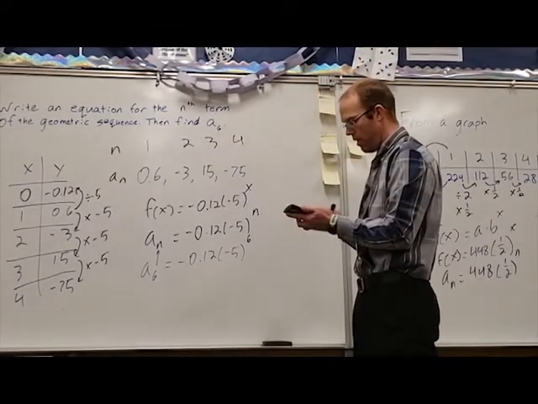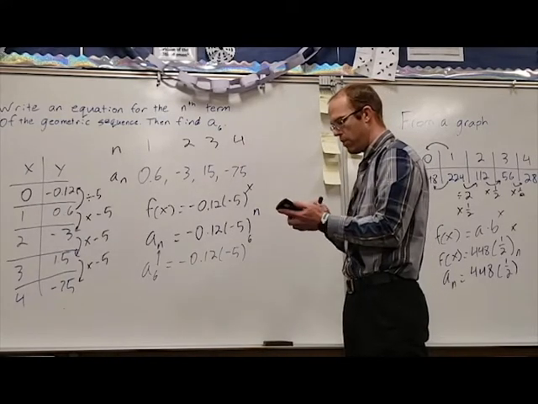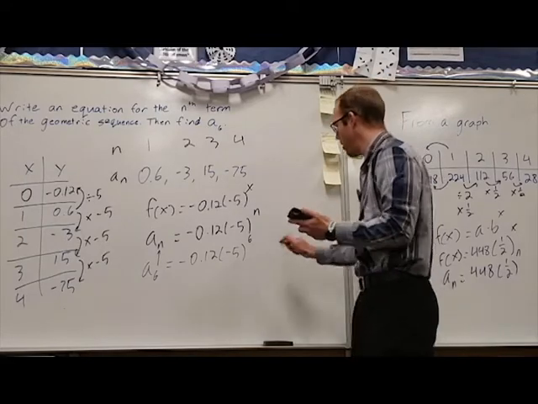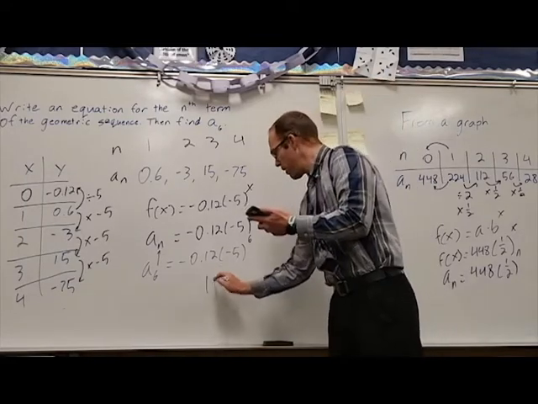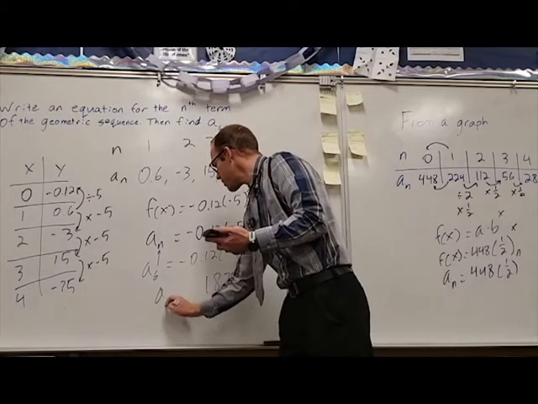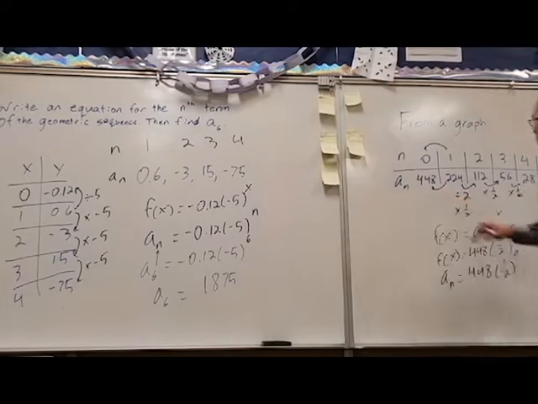We get negative 0.12 times -5 to the power of 6. And that gives us 1,875. A sub 6 equals 1,875.